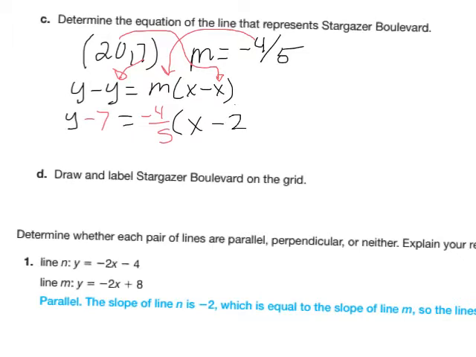Oops. This should be in red because I am determining that this is red.